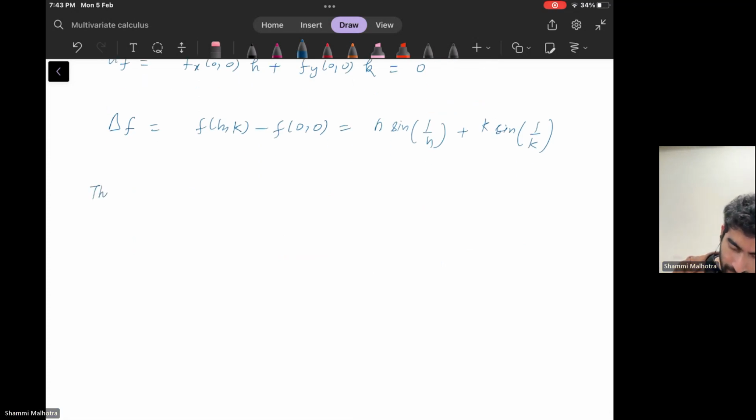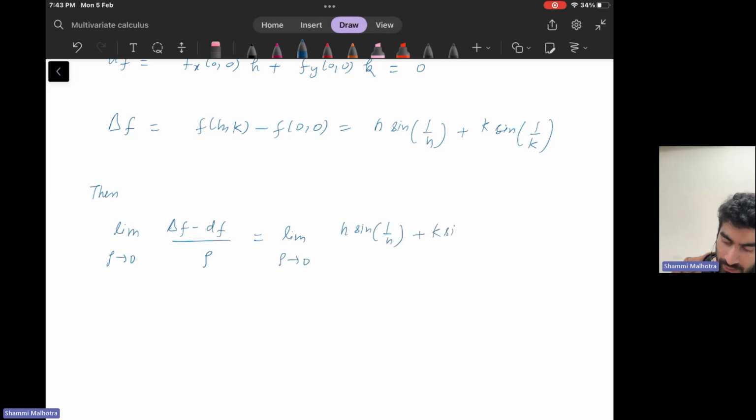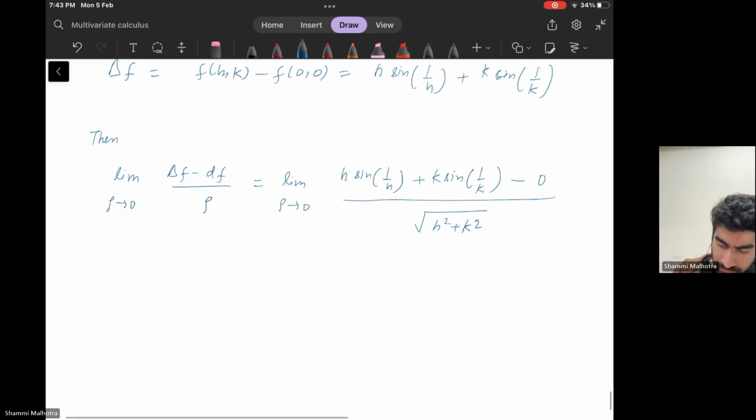Then the limit as rho tends to 0 of (delta f minus df) by rho would be the limit of h sine 1 by h plus k sine 1 by k minus 0, whole divided by root of h square plus k square. So I have to see whether this limit turns out to be 0 or not.